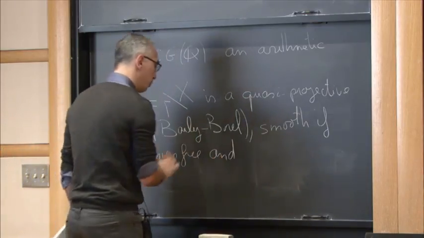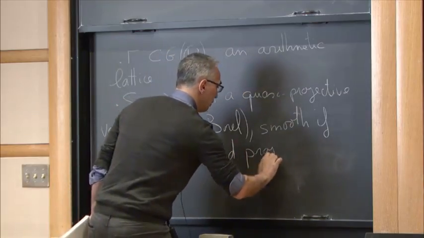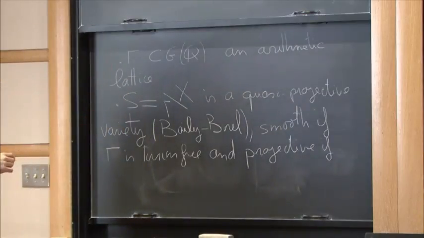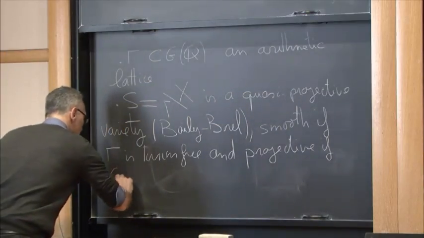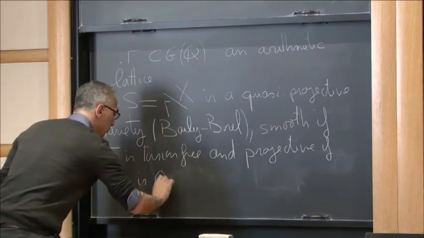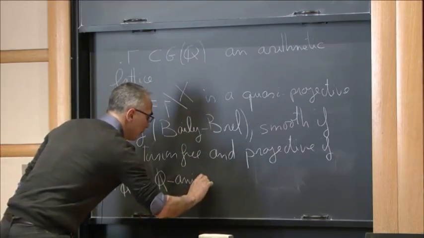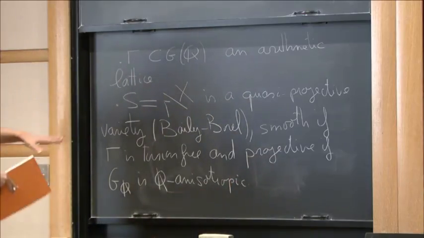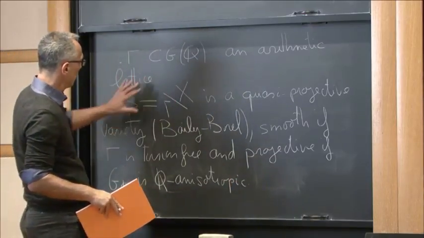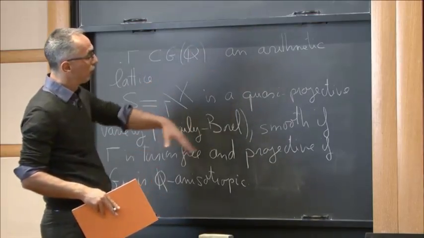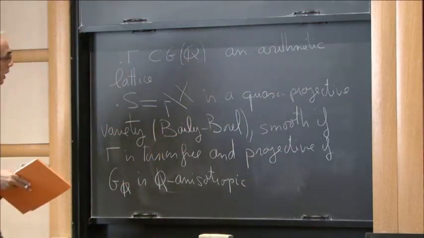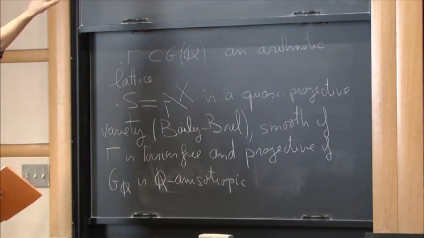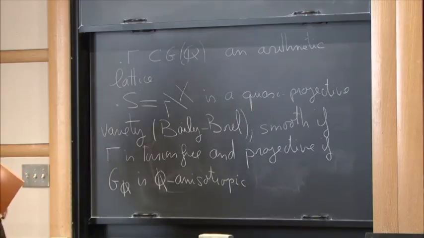And it's projective if G over Q is Q-anisotropic. So on X over gamma we have a natural structure of algebraic variety, and I will use some algebraic structure of the space X itself.